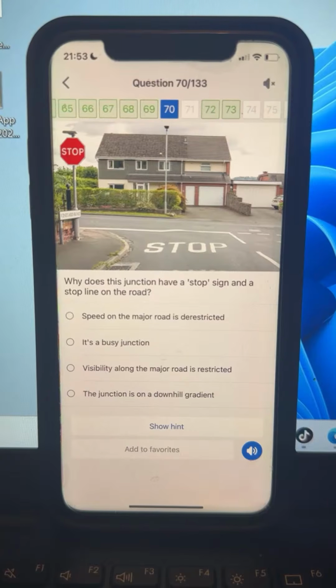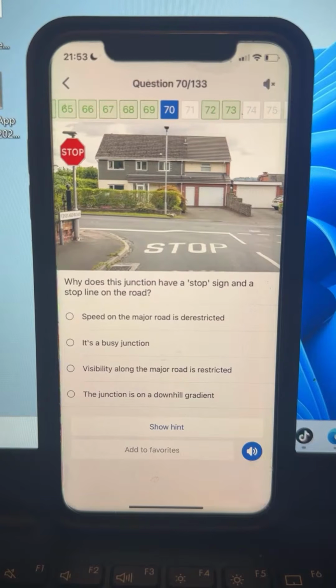Good. We have a stop line there because the view is not really clear.